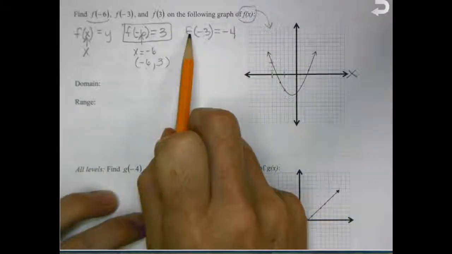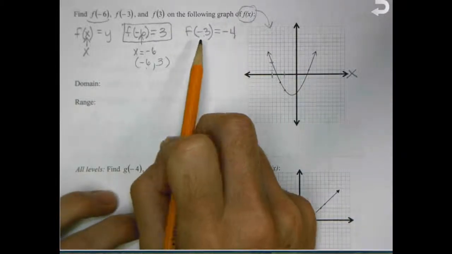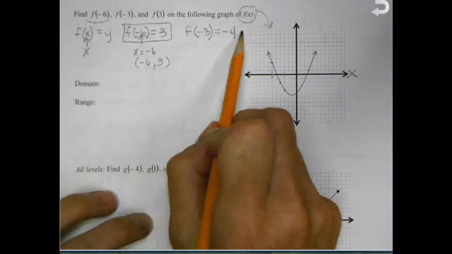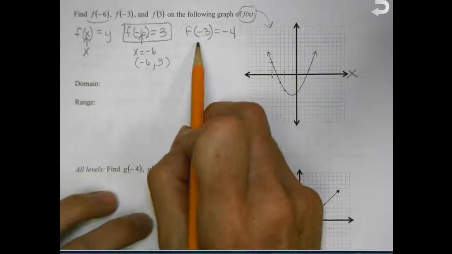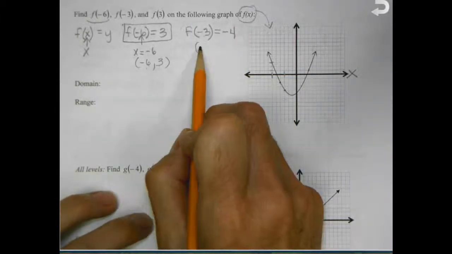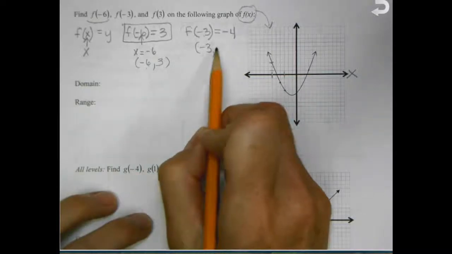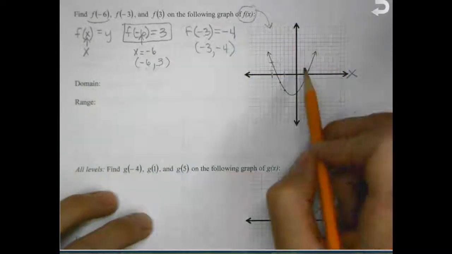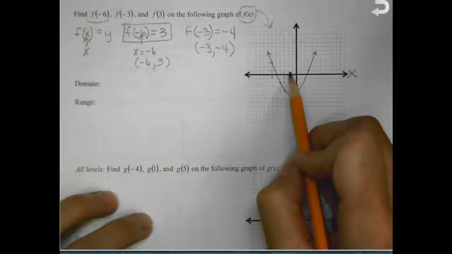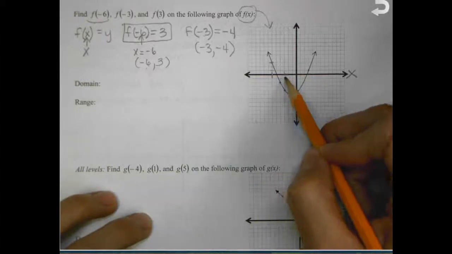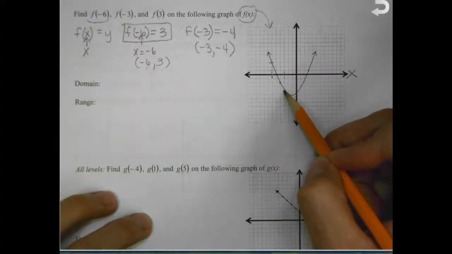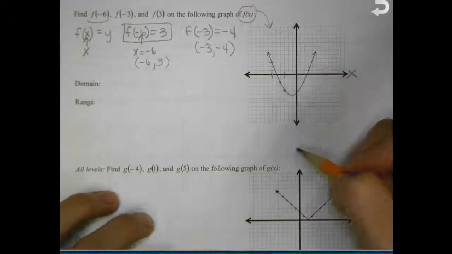And remember from before, this is just backwards of what we were doing before. If I start with this, I can write an ordered pair, and it would be the -3 for my x and then the -4 for my y. If I come over here and graph that, 1, 2, 3 in the negative direction, 1, 2, 3, 4 in the y direction, and I am at this point on my graph.